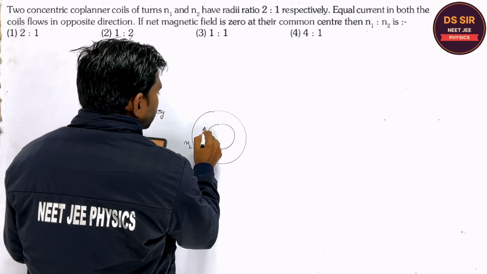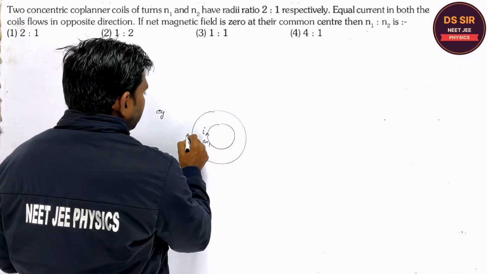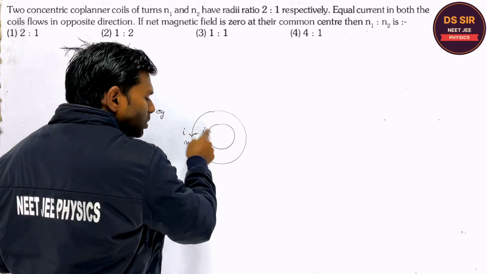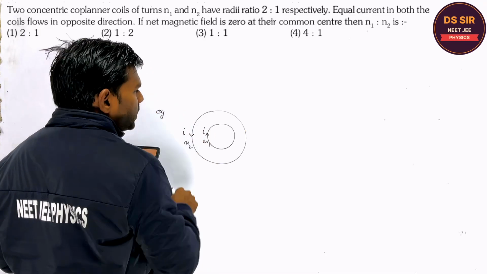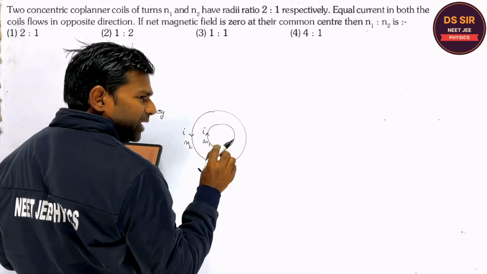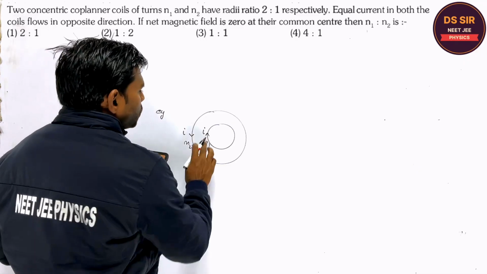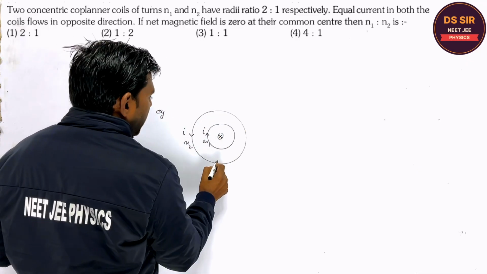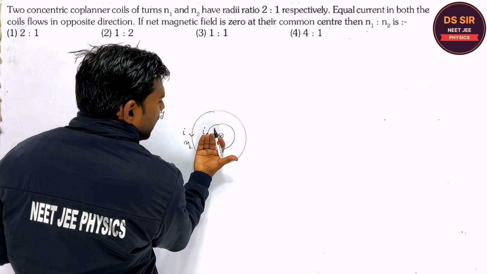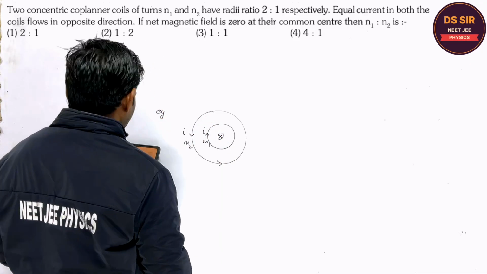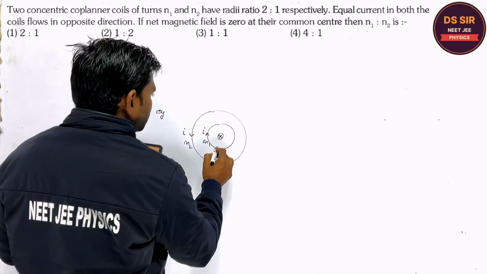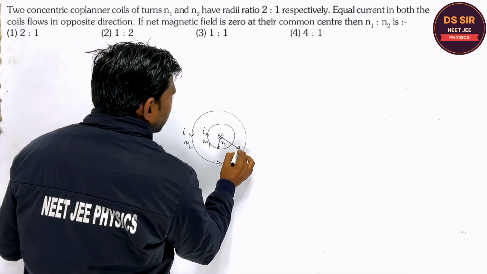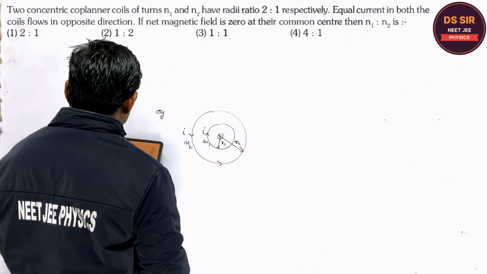Suppose this is the current I and the current I. Both currents have the opposite direction, but the magnitude of the currents is the same. So because of this, the magnetic field will be into the board, right? And because of this, the magnetic field will be out of the board. All right. And the radii R1 and R2. Are you getting or not?